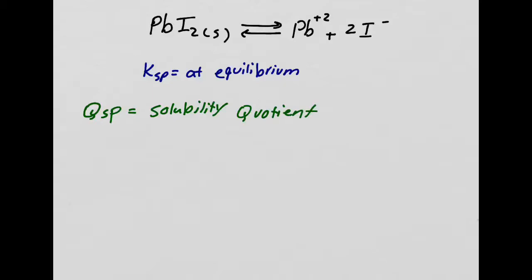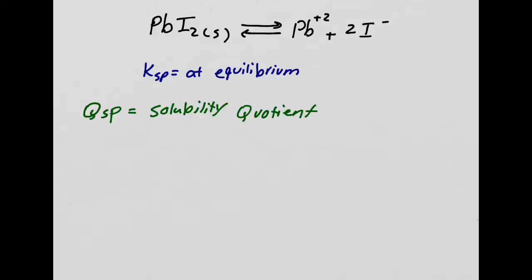So nothing really has changed. Now again, Qsp is based on the given sets of concentration. Qsp is the same form as Ksp, but the concentrations are not necessarily the equilibrium values. The concentrations are during the reaction.